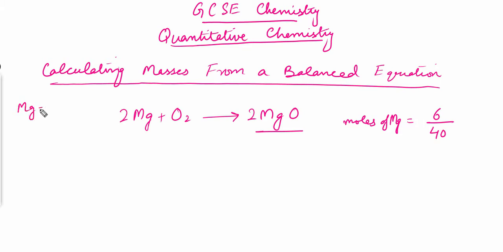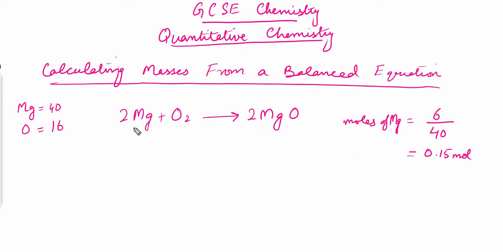I'll write it here: the molar mass of magnesium is 40, the molar mass of oxygen is 16. From here I'll do the calculation and we get 0.15 mole. Now 0.15 mole of magnesium will burn and produce magnesium oxide.